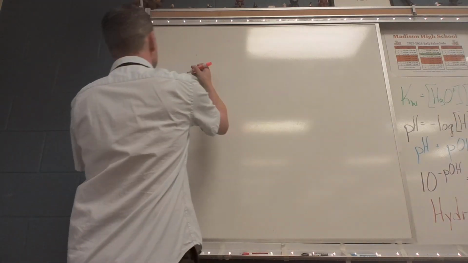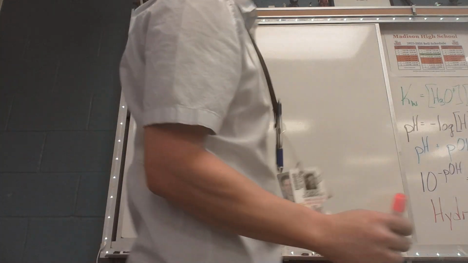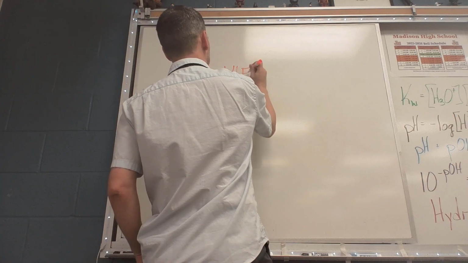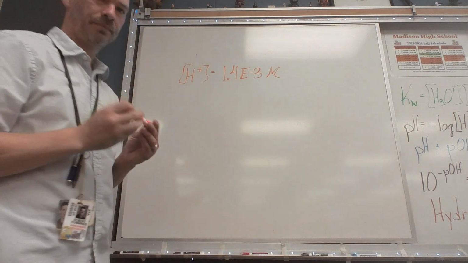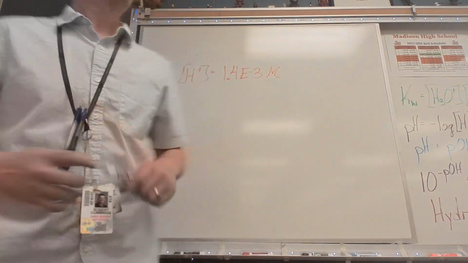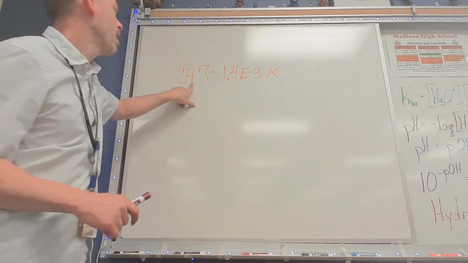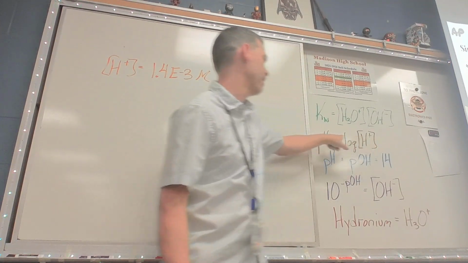All right, check out that top example. It says that the H plus concentration is 1.4 E negative 3. I have a formula that says that if you know the H plus or the hydronium concentration, you can just plug in to this to find pH.